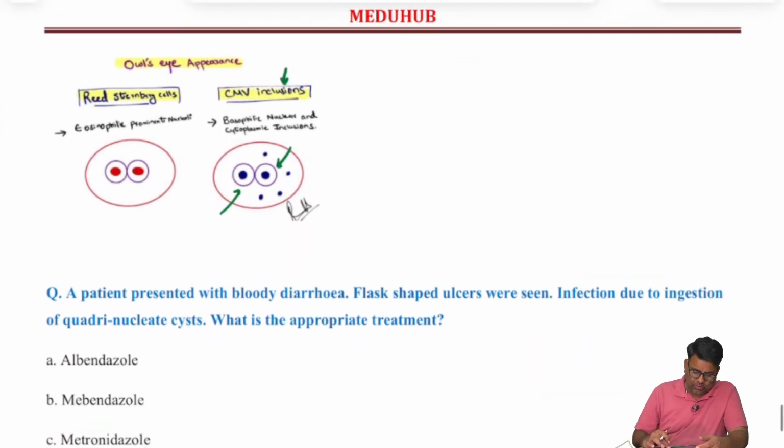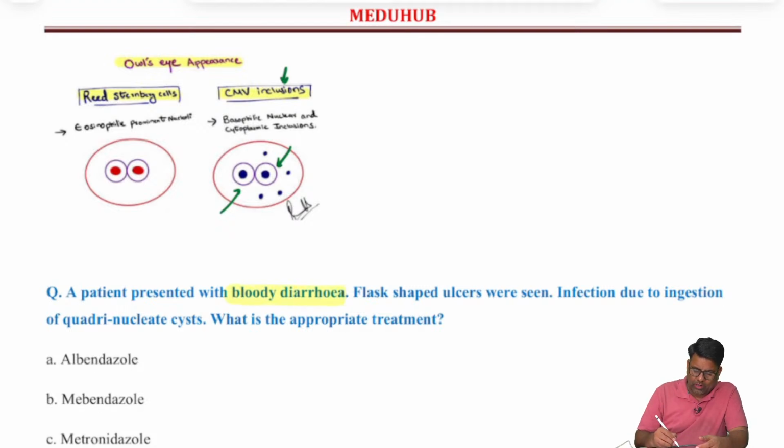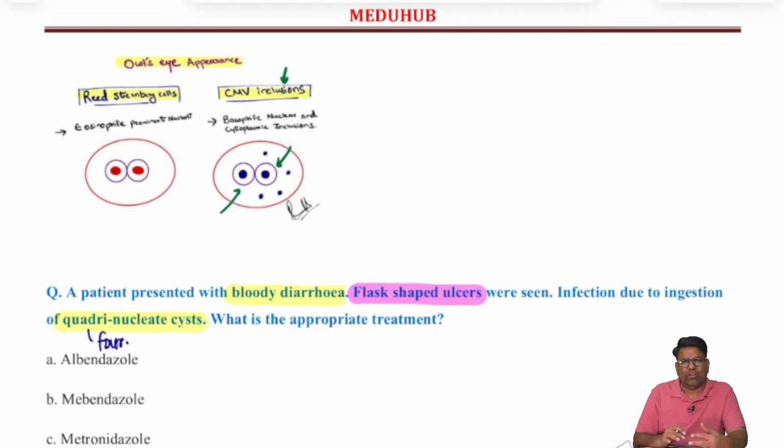Then next question: a patient was having diarrhea, and more importantly, there were flask-shaped ulcers, and the parasite was having a quadrinucleate cyst. Quadri means 4, so the parasite had 4 nuclei within the cyst.